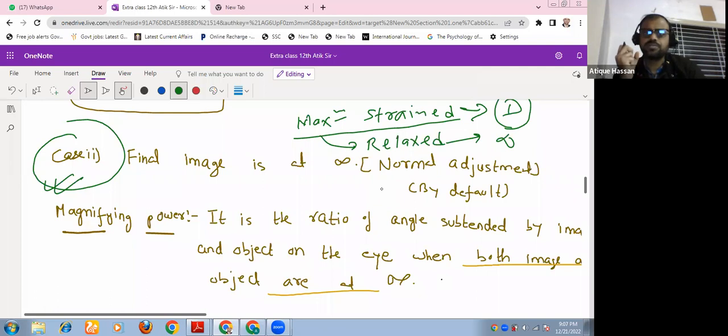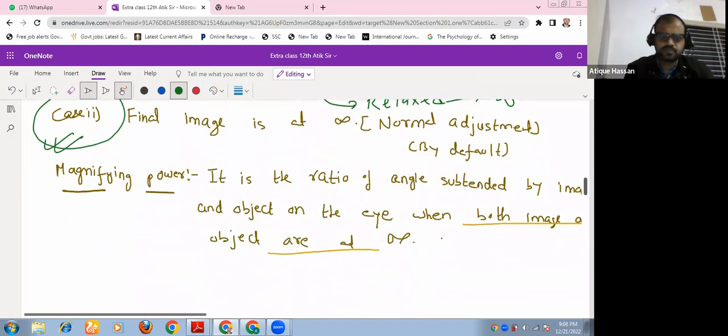And when the objects are far away, it's easy, the eyes get less strained. You will feel that if you observe closely. So in day-to-day life also we can observe that.